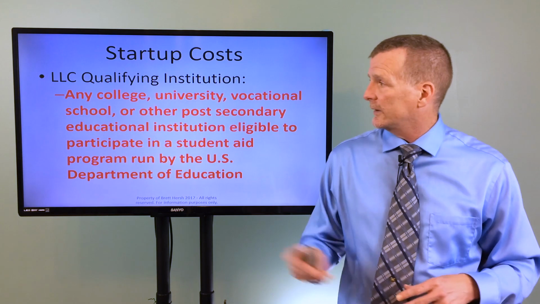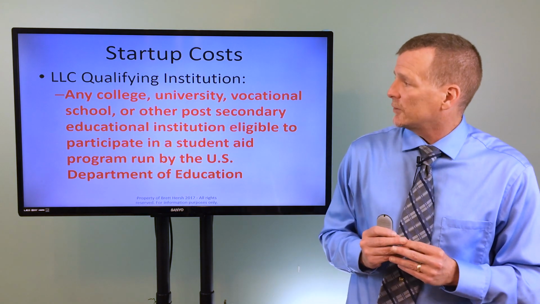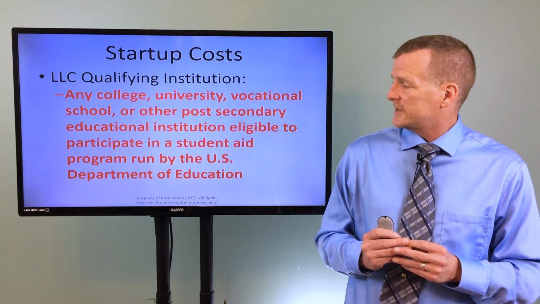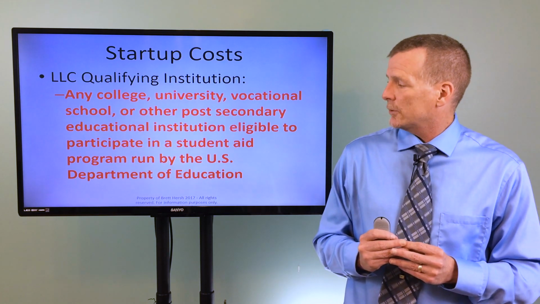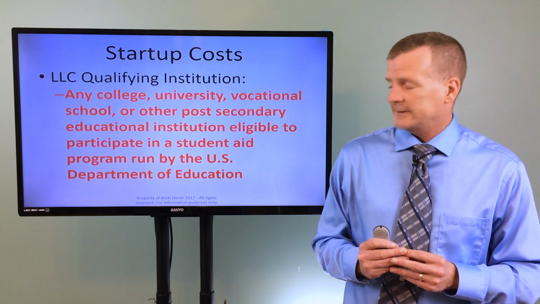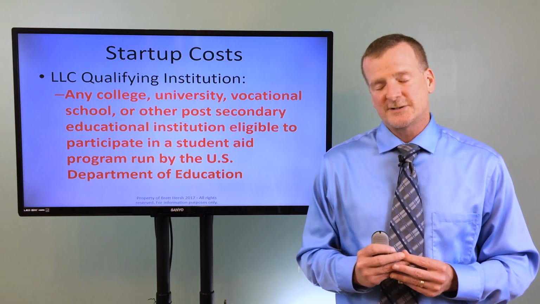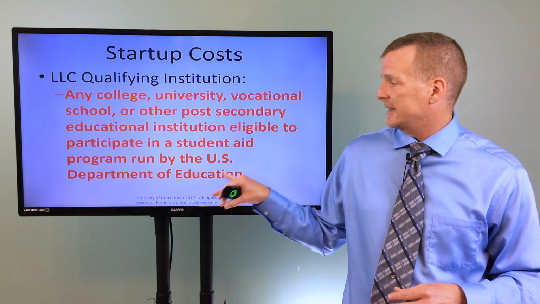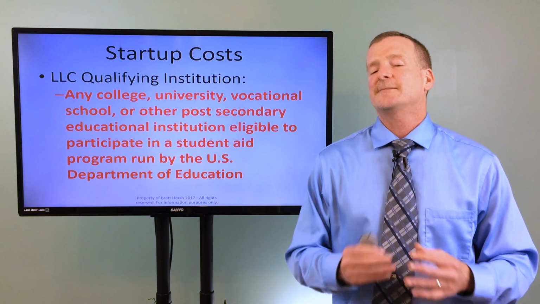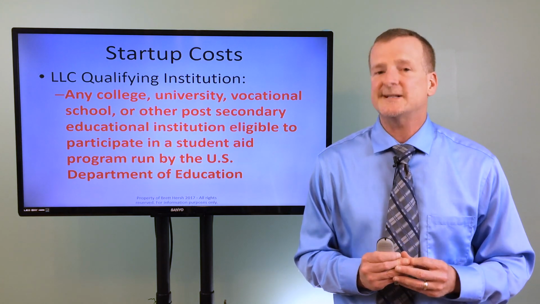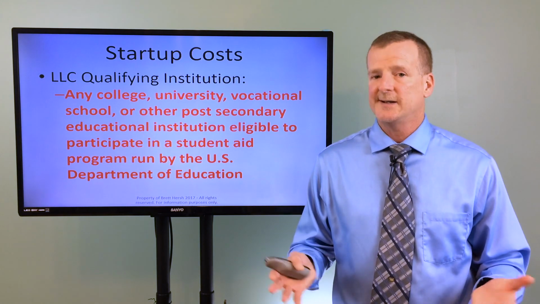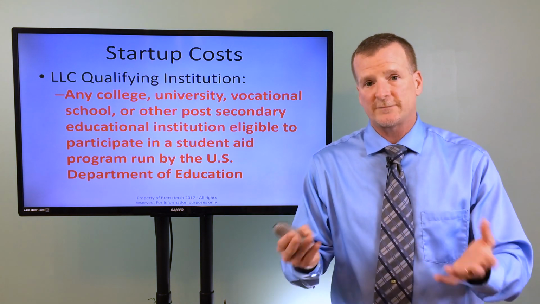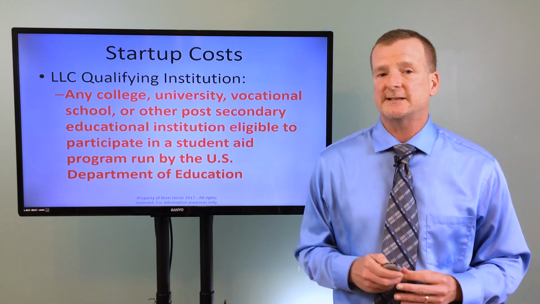Read along with me here: any college, university, vocational school, or other post-secondary educational institution eligible to participate in a student aid program administered by the U.S. Department of Education. In other terms, it means they're accredited, and they can take financial aid. The best way to find that out, I believe the IRS has a website, but ask the institution whether they're accredited or not. You should know whether they are or not. But anyways, if you did, you may qualify for that lifetime learning credit, and we want you to get that if you can.